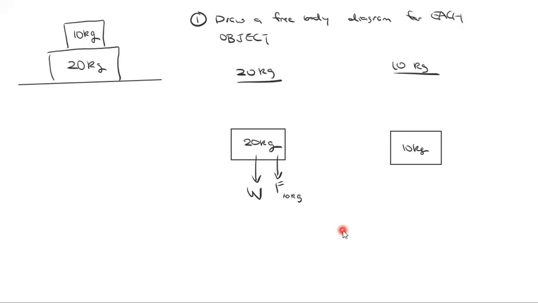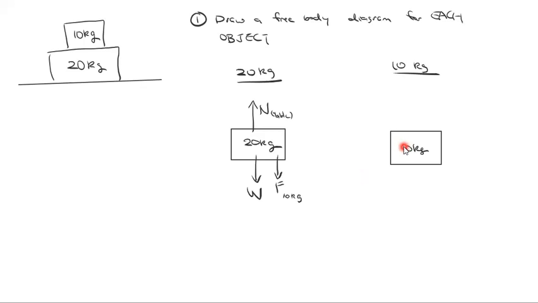Oh, the normal force. Are there any other forces, or is this it? That's it, I think. All right, so I'm going to call it the normal force on the table.